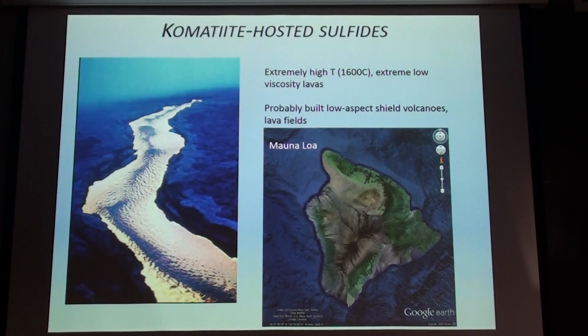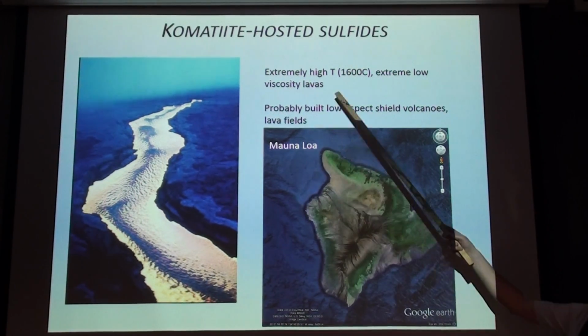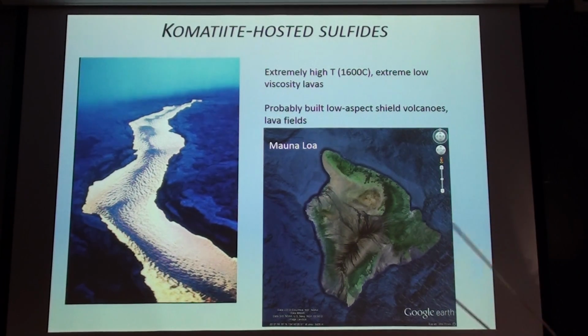Moving on to komatiite-hosted sulfides. So komatiites were basically lavas, lava flows. So not all were flows. But they are extremely high temperature, so 1600 degrees, and low viscosity, so they flowed and formed probably very broad shields, somewhat like Hawaii might be these days.